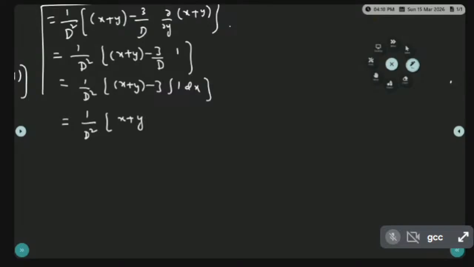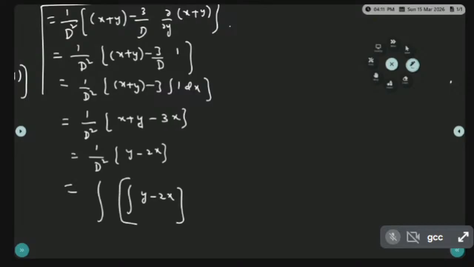Integration of 1, x plus y, sorry, y minus 2x. Now, what is the meaning of this? We have to integrate the function. We have to integrate the function how many times? 2 times.